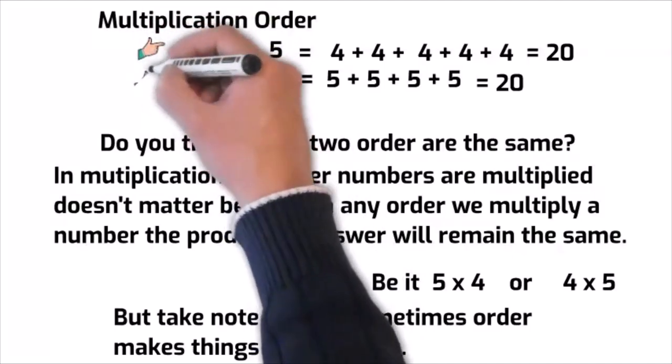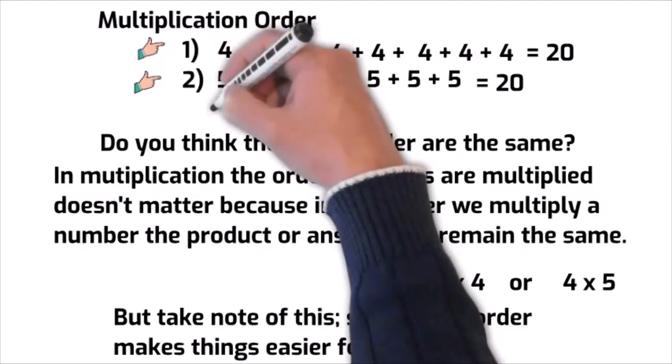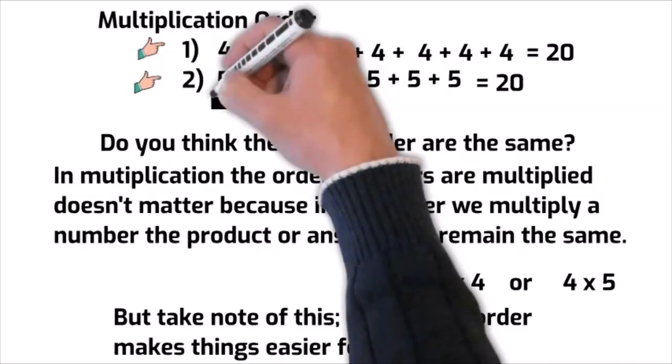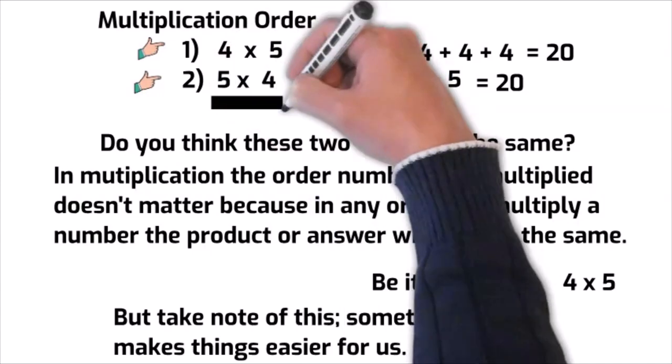It is a bit tiring. Let's look at the second order. 5 times 4. 5 plus 5 plus 5 plus 5. 5, 10, 15, 20. The second order is a bit easier. So, order can make things easier for us.